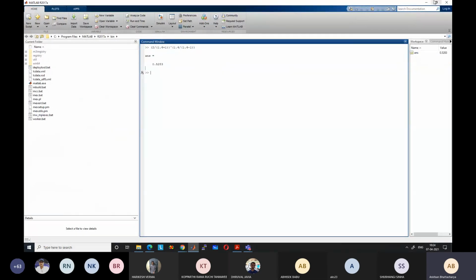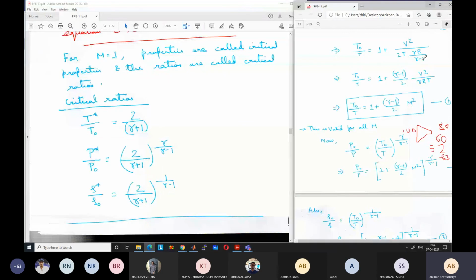So what will happen now if I have 20 kilopascal outside? What will be the pressure at the throat section? Inlet is still 100 kilopascal. Outside, I have put 20 kilopascal, or vacuum, 0 pressure.